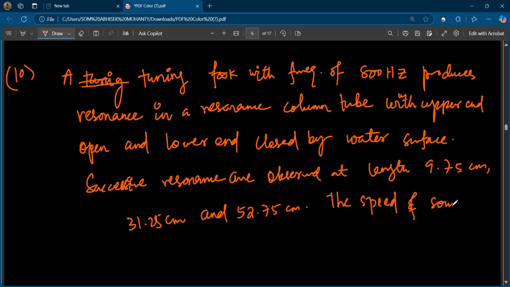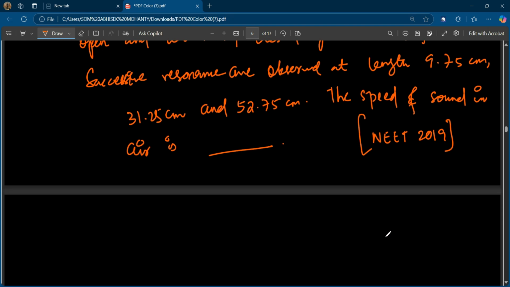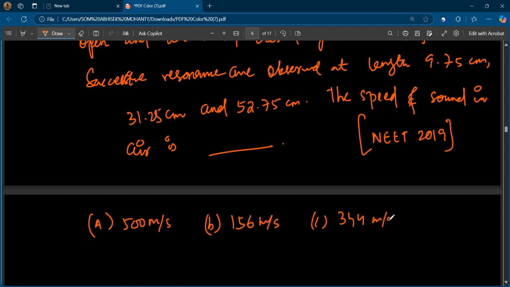The speed of sound in air is, okay. This came in NEET 2019. Options are A 500 meter per second, option B 156 meter per second, option C 344 meter per second, and option D 172 meter per second.